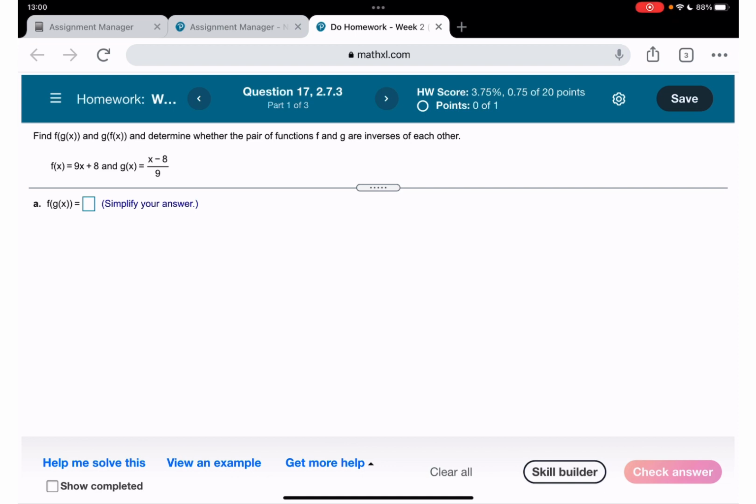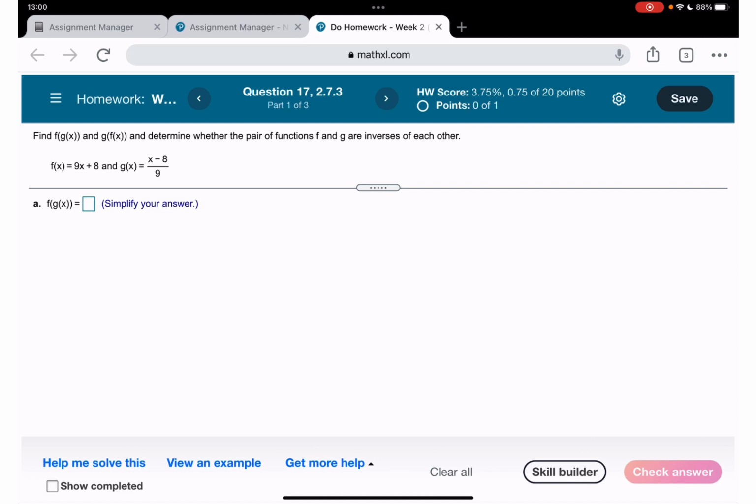Okay, moving to question number 17. Here we need to determine whether the pair of functions f and g are inverses of each other. What does inverse mean?